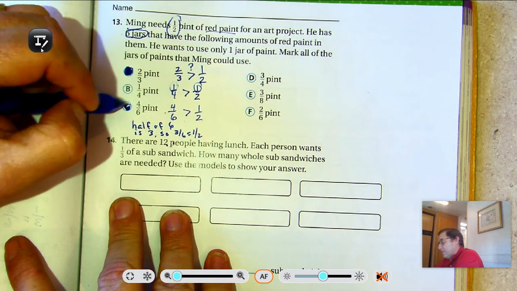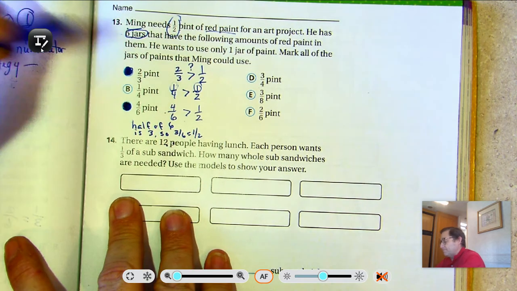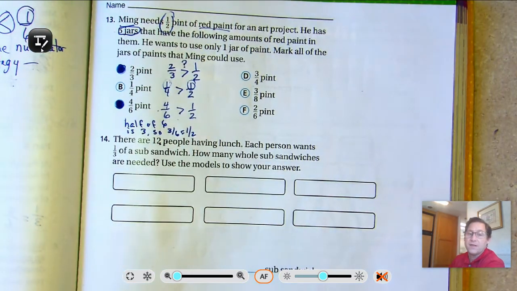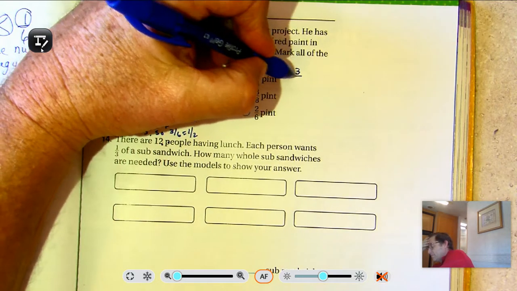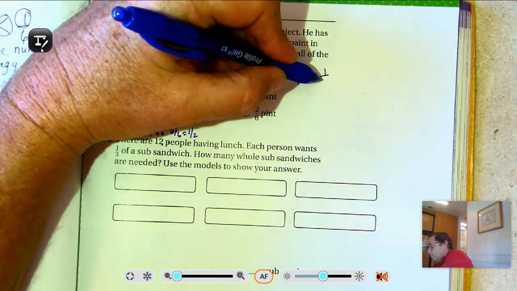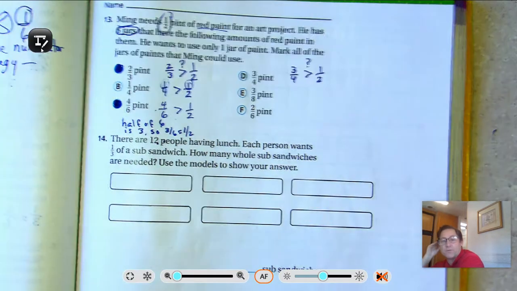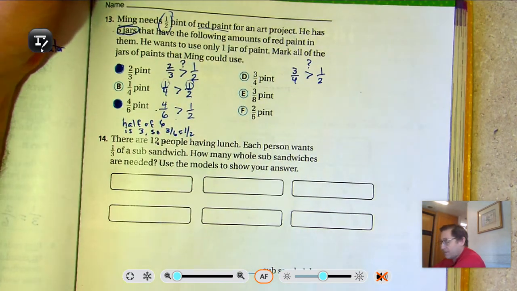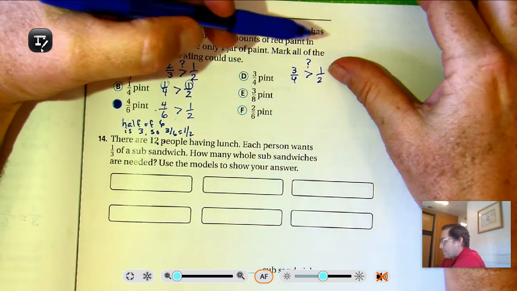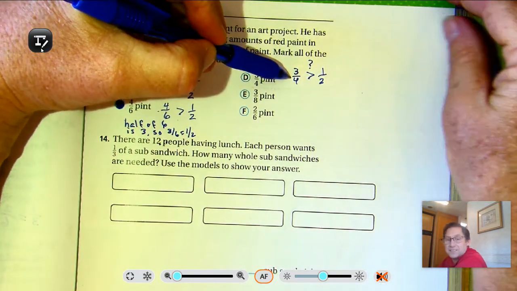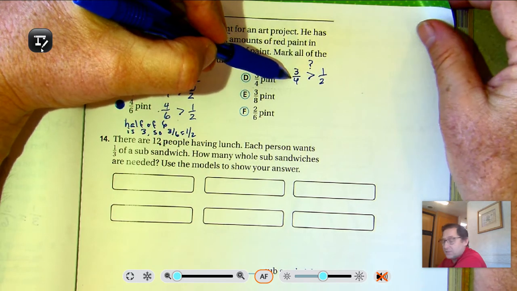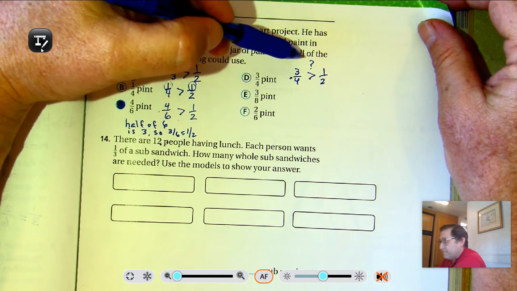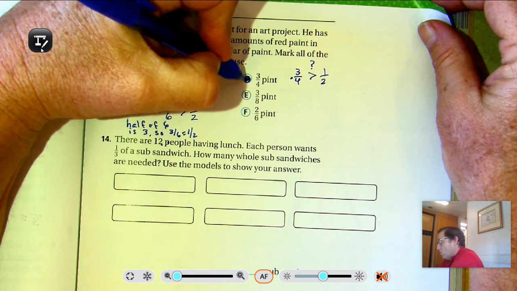So 4/6 is greater than 1/2. So I can use that jar. 3/4 pint. 3/4 compared to 1/2? Is 3/4 greater than 1/2? The missing pieces strategy: the fourth has a smaller missing piece, so the 3/4 is closer to being a full jar. So it has more than the half.